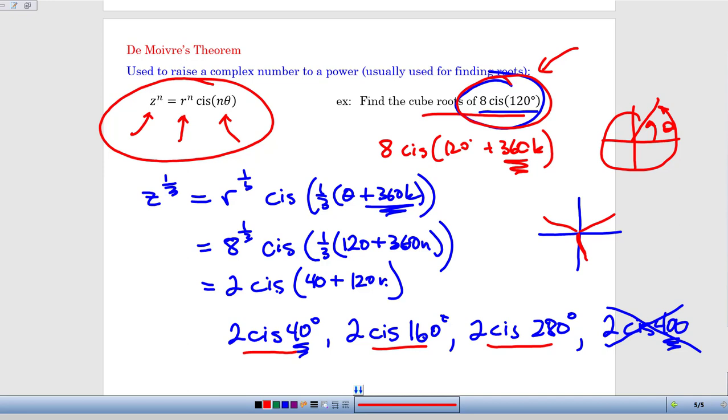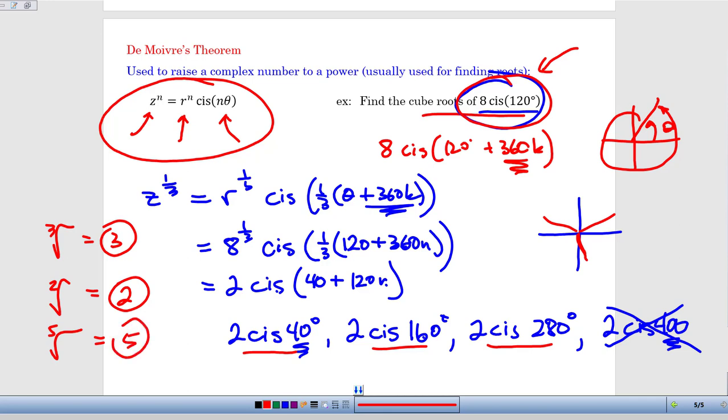And so what we find is whatever the root is that we're taking, if we're taking the cube root, we're going to end up with 3 separate roots. If we're taking a square root, we're going to end up with 2 unique roots. If we take the 5th root of a complex number in trigonometric form, we're going to end up with 5 unique roots.